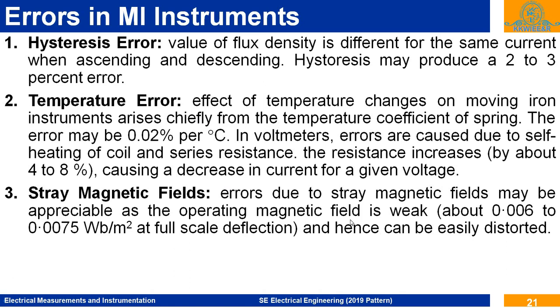In this AC instrument, the moving iron instrument, the field generated by the stationary coil is weak as compared to permanent magnets.